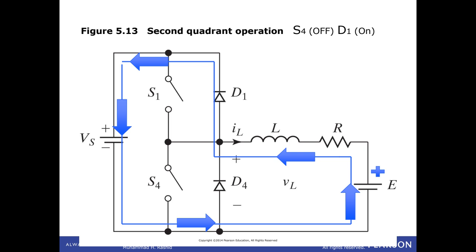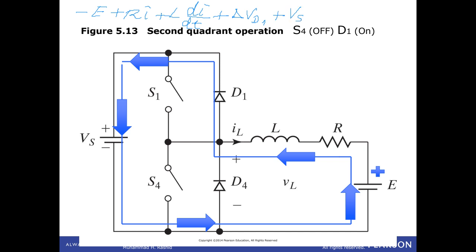Yazıyorum denklemi gene. Minus E, Kirchhoff law, plus Ri, plus L di/dt, plus delta V D1, plus Vs. Burada bir tane diyot kullanmış.